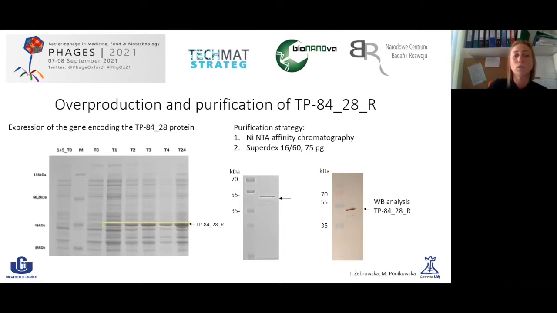The supernatant was loaded on Ni-NTA affinity resin, and after that purified on Superdex resin. Protein identity was confirmed by Western blot immunodetection with antibodies, as you can see in the figure on the right.